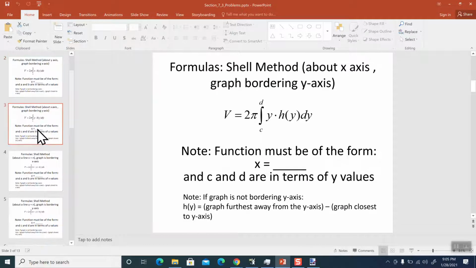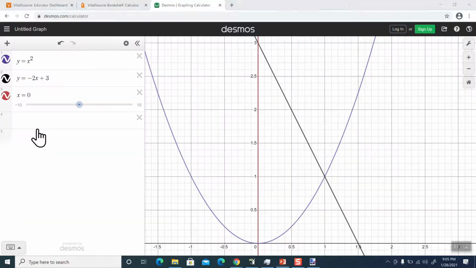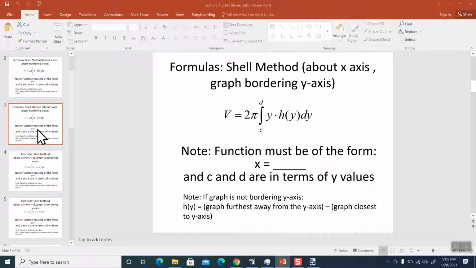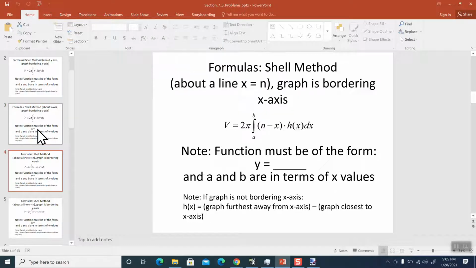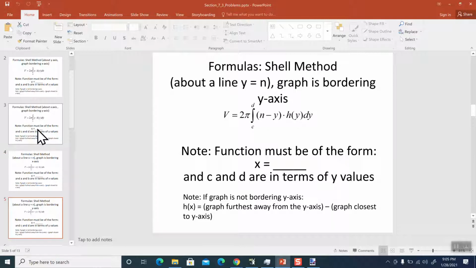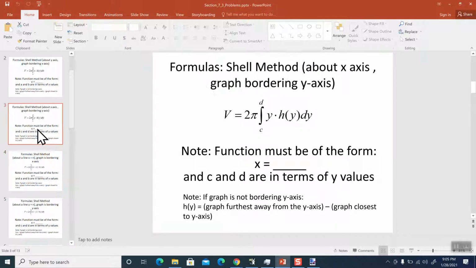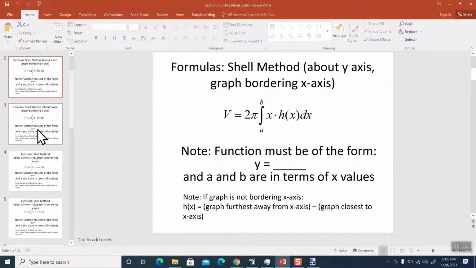Okay. Now this one is bordering about the y-axis, but the easy form is about the y-axis. This one.